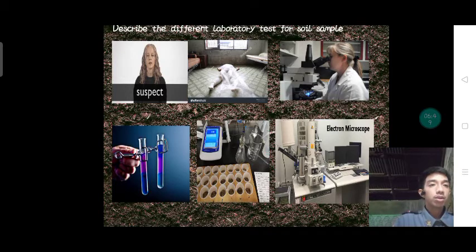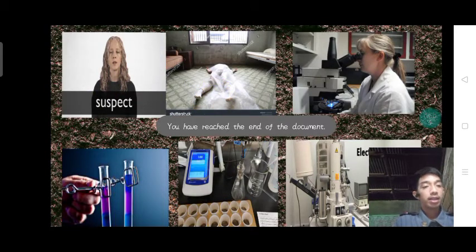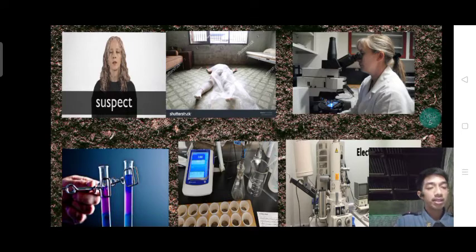Describe the different laboratory tests for soil sample. So, sa laboratory, hinihiwalay natin yung mga sample na nakukuha natin sa suspect and then sa victim. So, bakit? Bakit nila hinihiwalay yan? Para ma-avoid natin yung contaminations ng mga samples. So, pag na-examine yung mga sample, dapat makuha ito ng mga examiner.